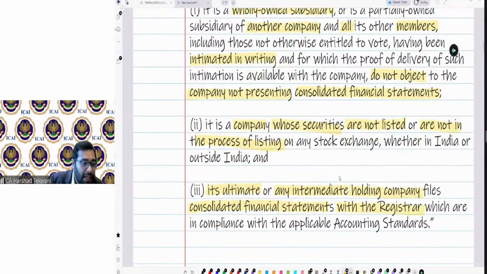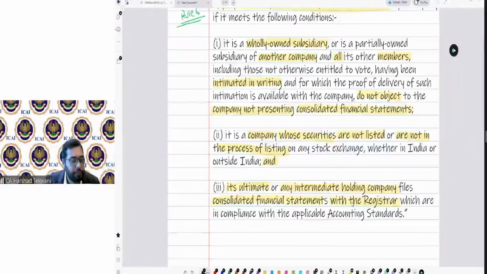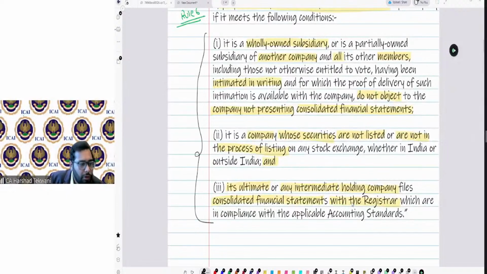And these conditions are 'and', not 'or'. So when these three conditions are triggered together, then only the exemption is available. Otherwise, it is not. Clear?